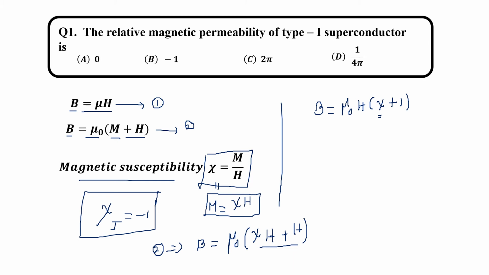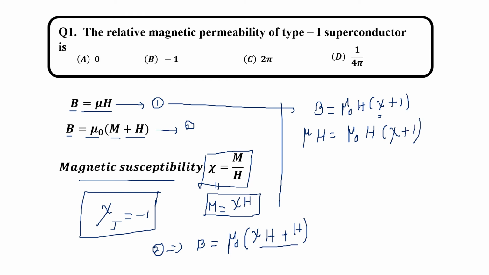Anyway, this is the required rearrangement. Now we can substitute the first equation here, because we know the magnetic induction B is the permeability of the medium times the applied magnetic field, and that would be equal to what we already derived, mu naught times H into chi plus 1. This is the required formula.